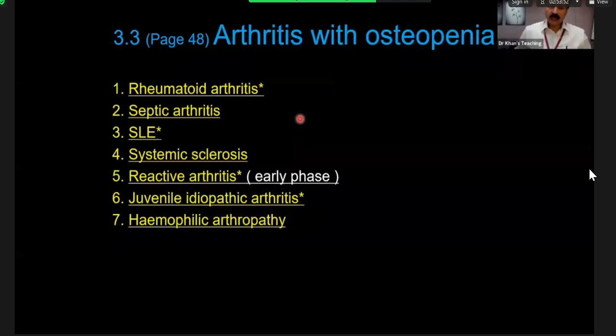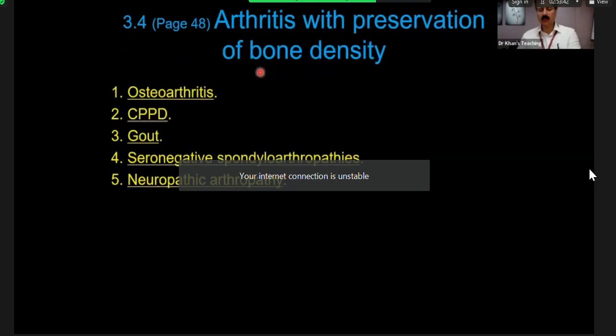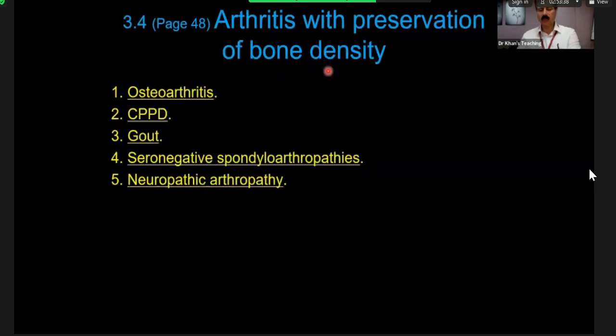First thing is that this is an extremely important differential diagnosis in your book. Arthritis with osteopenia versus arthritis with preservation of bone density.